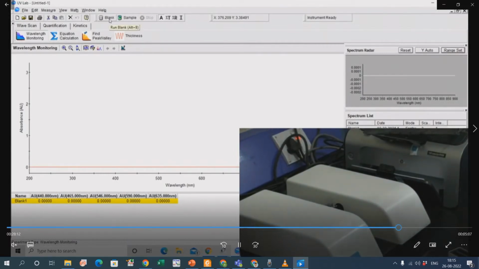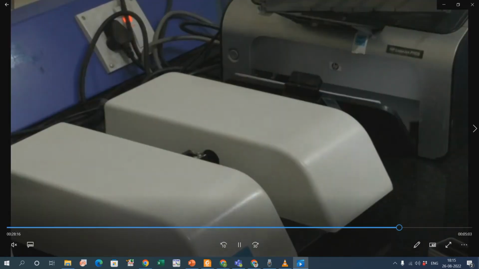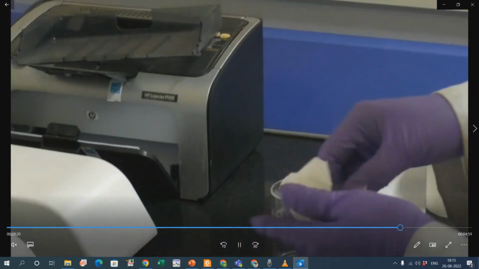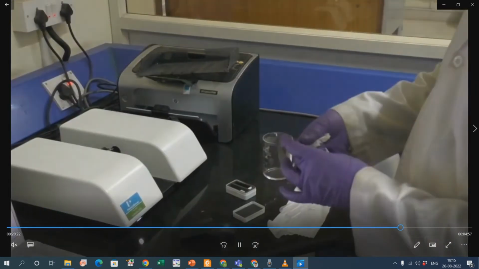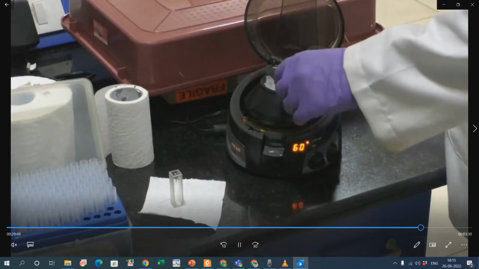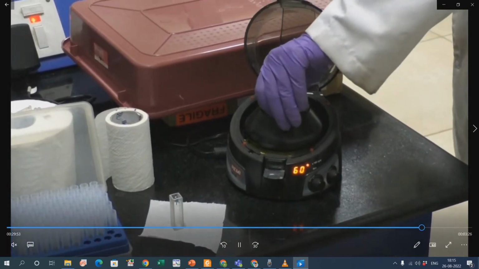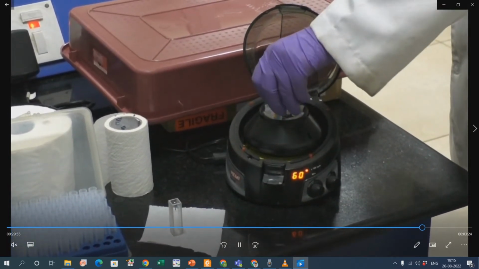This is the software, and first you have to take the blank one. It depends on the software. Whatever contribution there is from the blank solution, we can minimize.